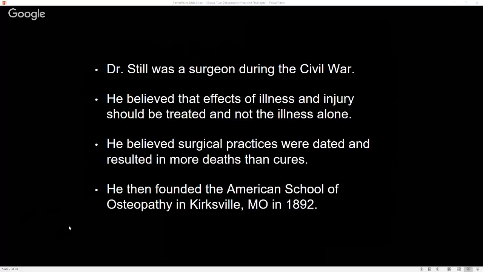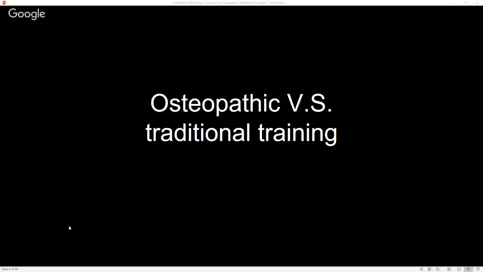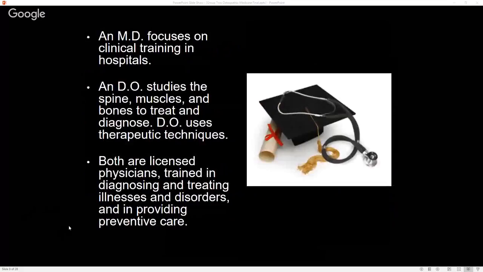So we'll go to the next slide, and whoever's next. Okay, so osteopathic versus traditional training. Next slide. The main differences between the two is that a DO usually studies more in-depth the spine and muscles and how to use the body itself to treat it.